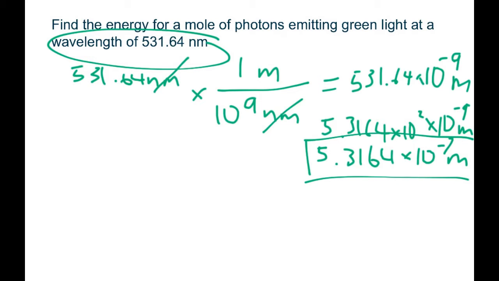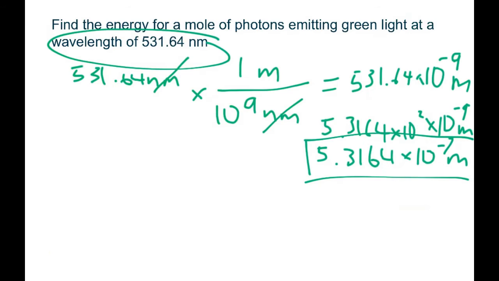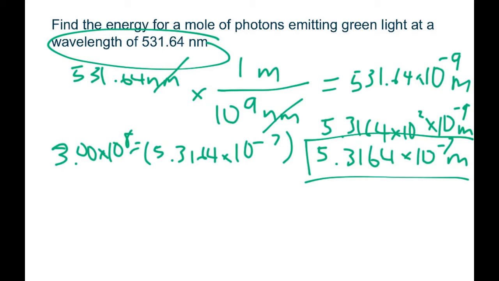Now we have to convert this into frequency using this equation right here. C equals lambda v. So c is 3.00 times 10 to the 8, and this is exactly equal to the wavelength, which is 5.3164 times 10 to the negative 7, and that's multiplied by our frequency.